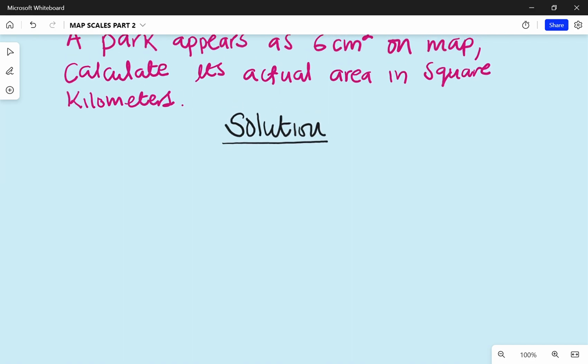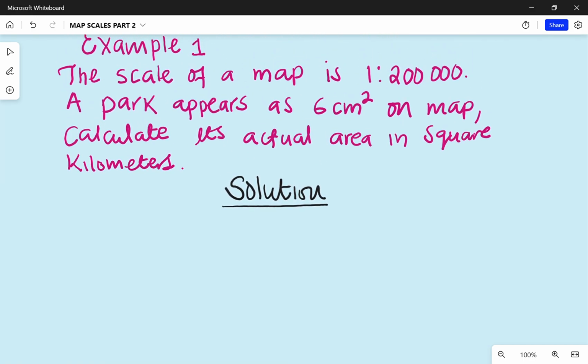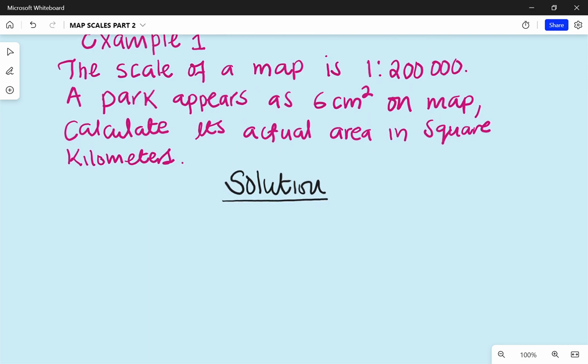So here, what has been given to us is the map scale. Remember, in that map scale, what has been given to us is what I'm calling the linear scale factor. We need to know how to convert that into an area scale and begin to use our area scale. As simple as that.